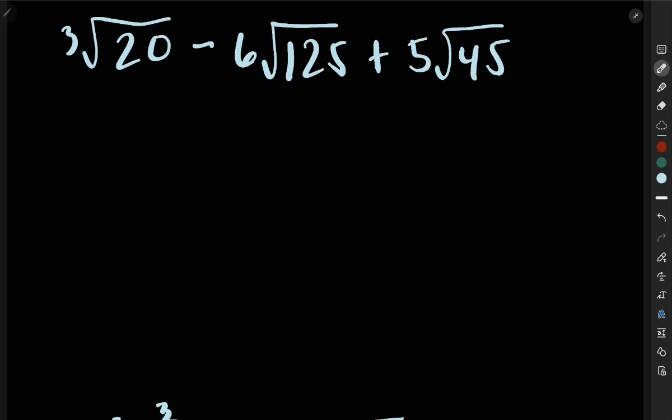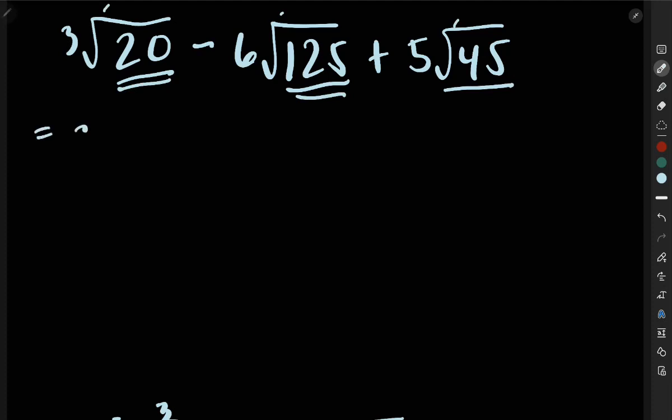Okay, so when you are adding or subtracting with radicals, what you want is to make the inside of the radicals the same. And you have to keep in mind that the radicals must be the same power. So they are all square roots, so there's no problem with that. Now what you want is inside the radicals must be the same as well. So we're going to simplify that.